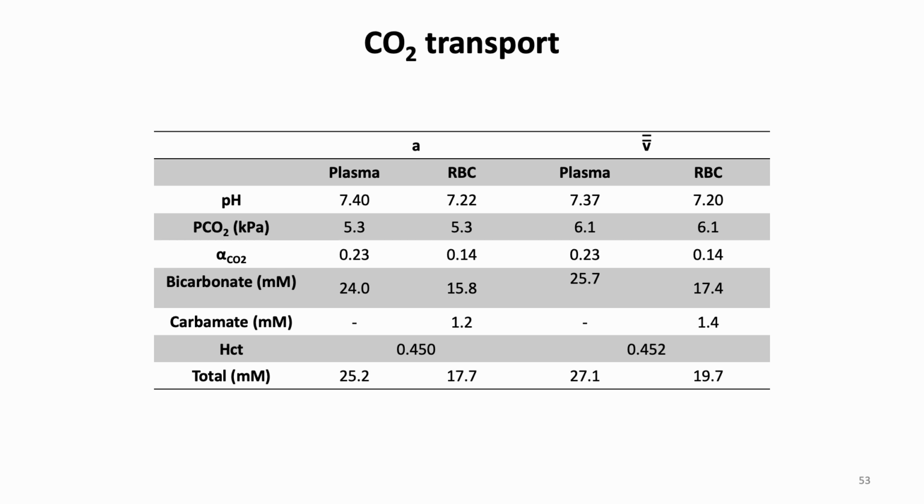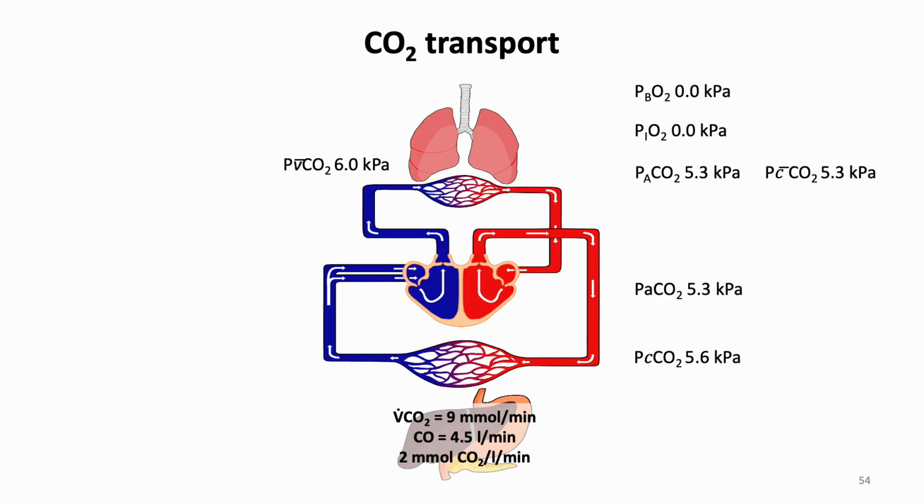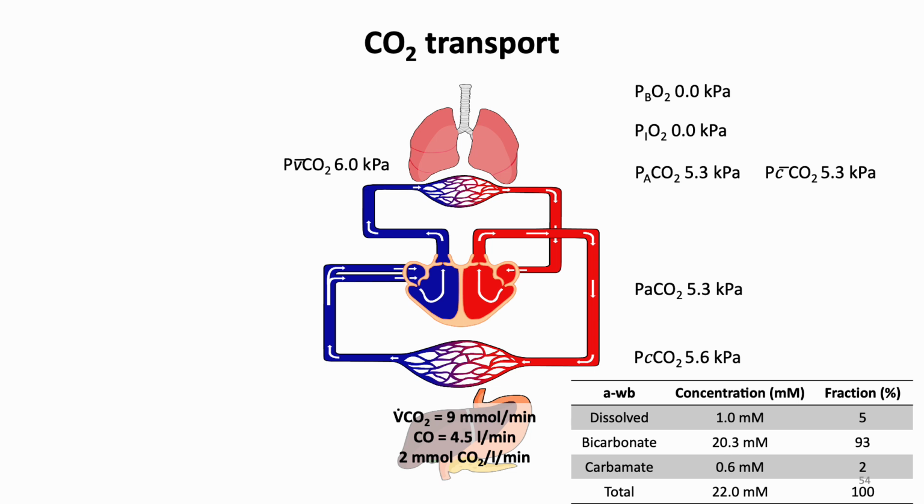According to these data, when you do the maths, it supports the latter. Let's take a look here. According to this data that I just showed you, 5% is physically dissolved, 93% is transported as bicarbonate in arterial blood, and 2% as carbamate.